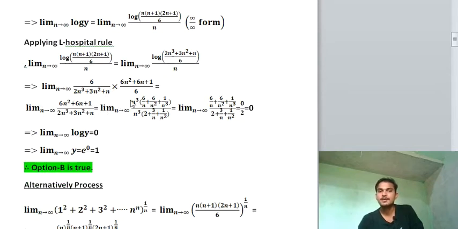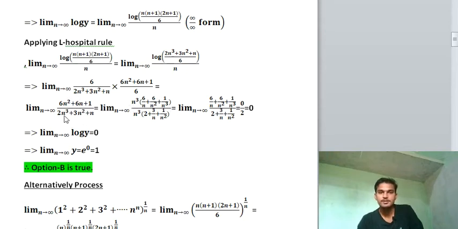In the next step we will bring n cube common. From the numerator, 6n square becomes 6 by n, 6n becomes 6 by n square, and 1 becomes 1 by n cube.